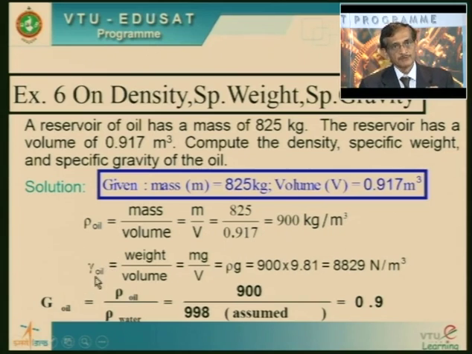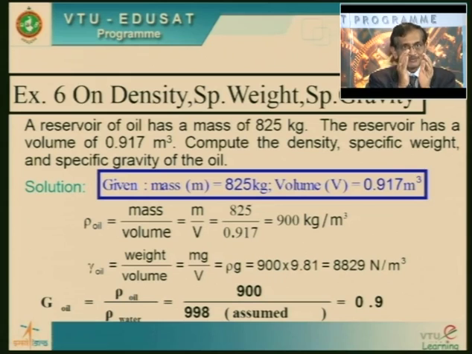Let us see this one, specific weight. I think I have told you many times. What is specific weight? Yeah, you are right. It is weight per unit volume. Weight is equal to mg divided by volume. Same to same, density of the liquid into 9.81, what we did in the previous problem, same thing we are repeating here, because the fundamental definition remains the same.